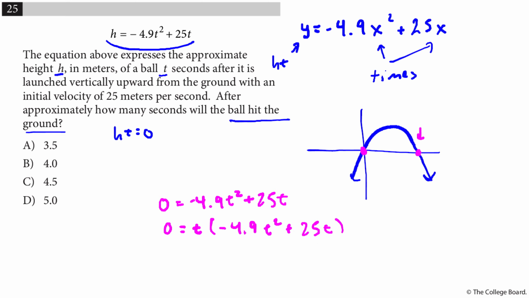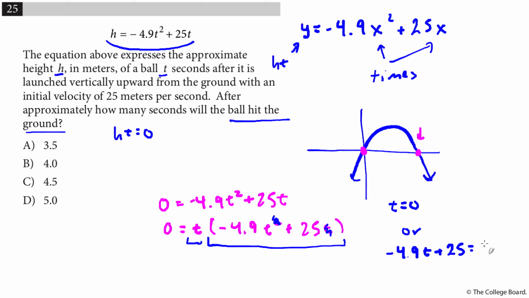And then using the zero product property, since I have this times that equals 0, either t equals 0, or negative 4.9t plus 25 equals 0.